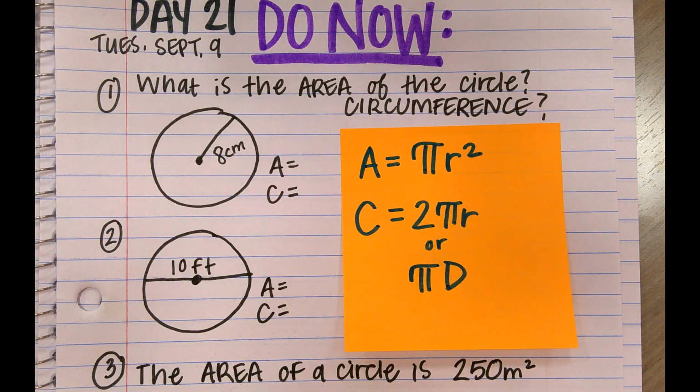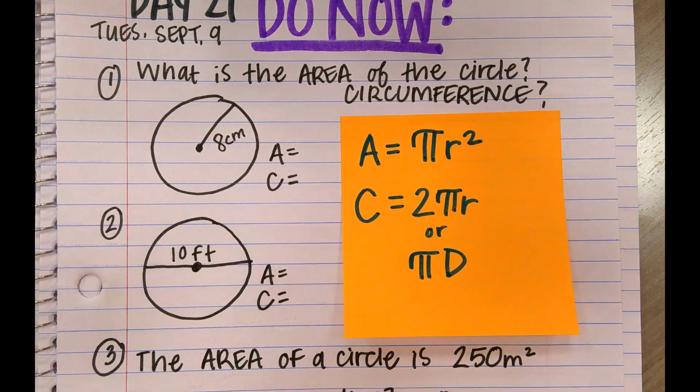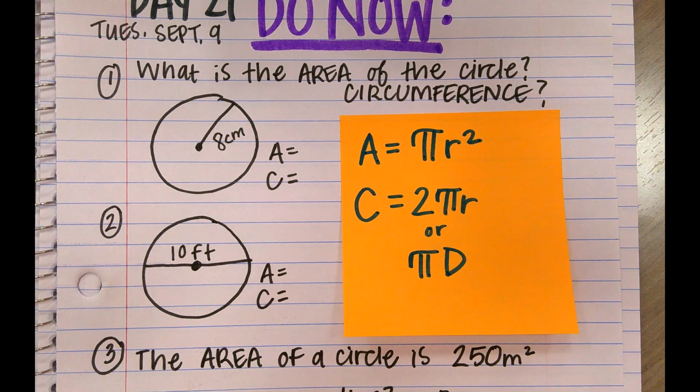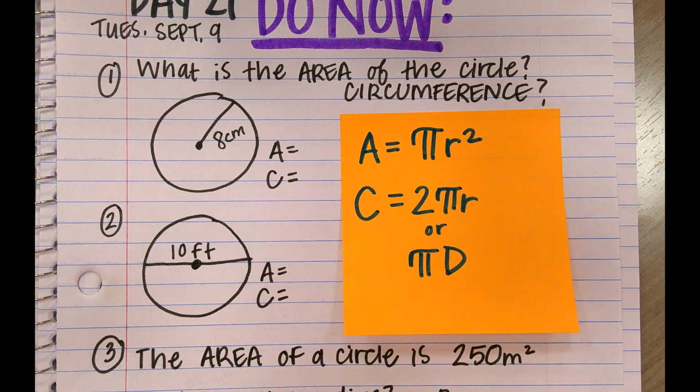Now, before we can do all this, everybody needs a calculator, because we're going to type the pi key. So if you do not have a calculator, go ahead and get one now. That way we can get familiar with how to type pi in without having to type 3.14.